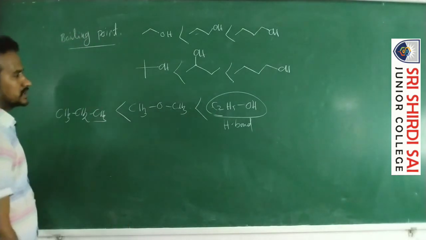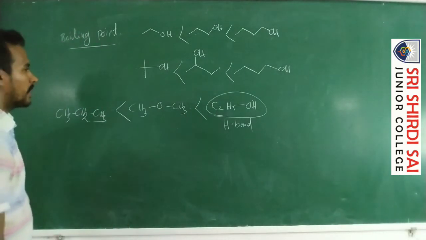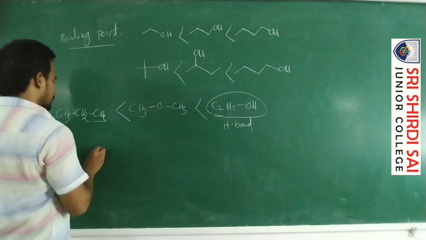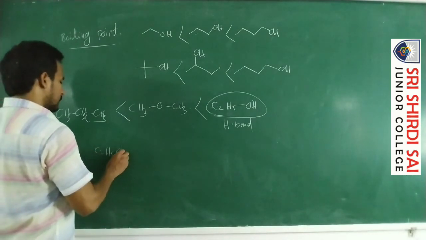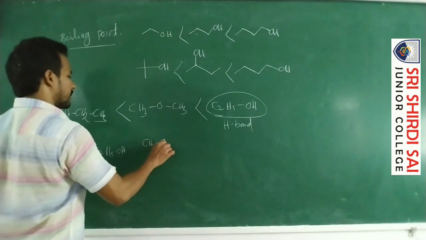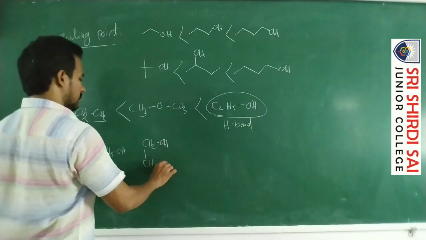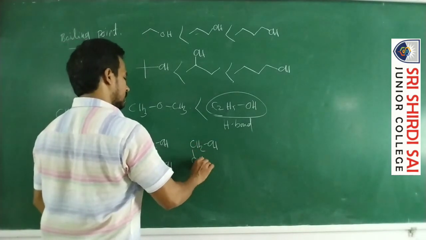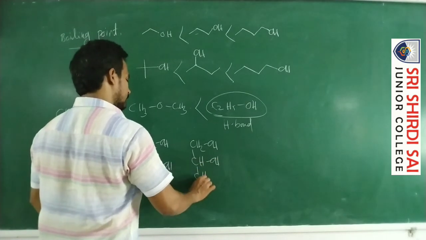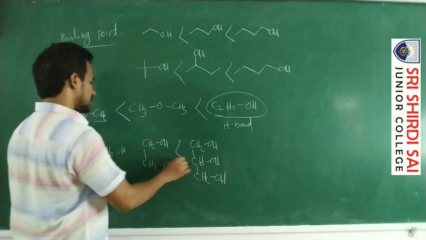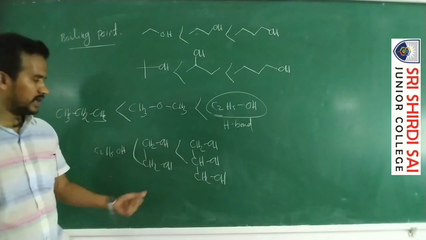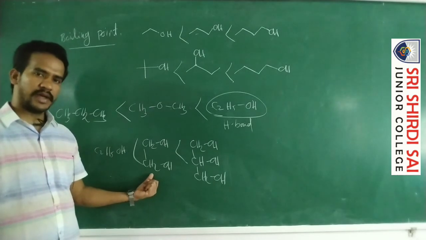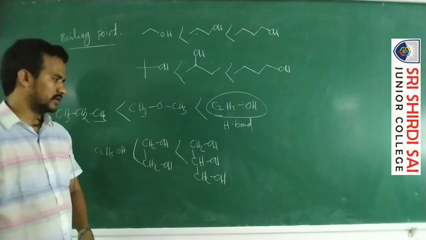Okay, so next, suppose ethyl alcohol, glycol, and then glycerol. In this case glycerol has a higher boiling point than glycol, and glycol has a higher boiling point than ethyl alcohol.